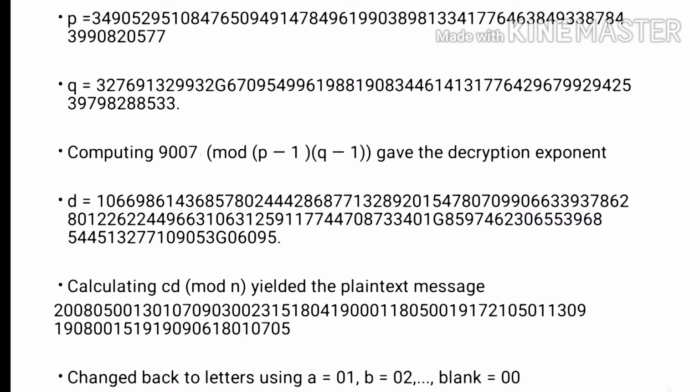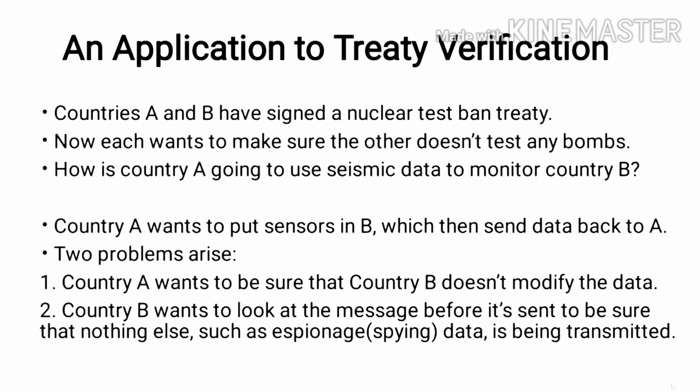Computing 9007 to the power of minus 1 mod (p minus 1)(q minus 1) gave the decryption exponent d. Calculating c to the power d mod n yielded the plain text message. The plain text was then converted to a message using a equal to 1, b equal to 2, blank equal to 0. Now we shall move on to see how RSA can be used for treaty verification.